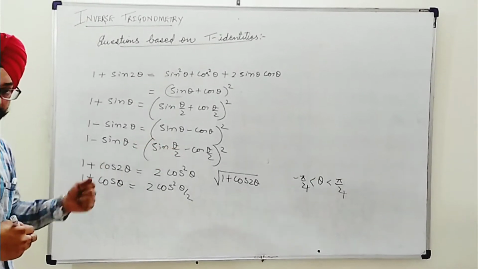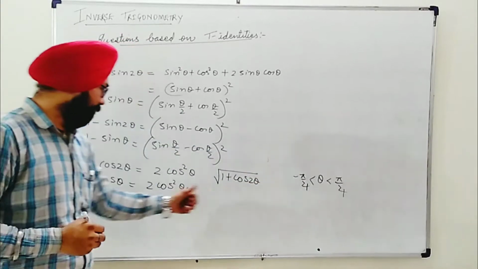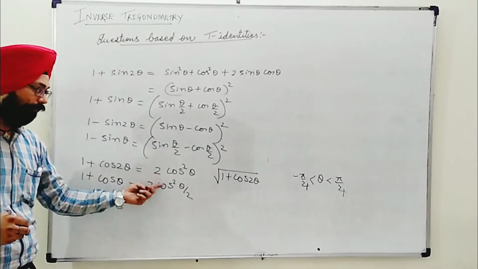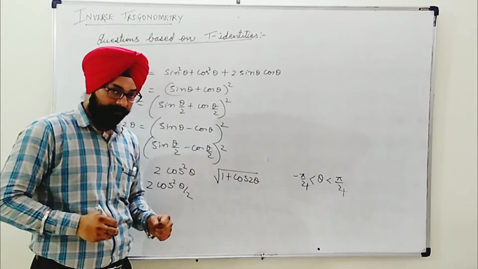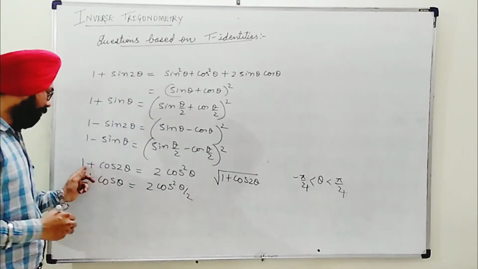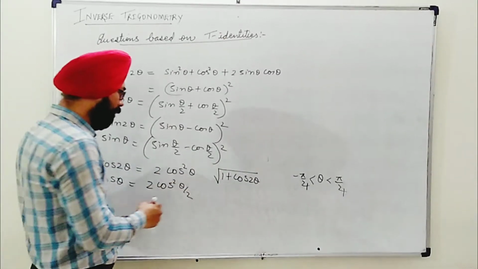Now let's see how to use this identity with the condition. These forms I have written in general, but we have to check this identity according to the condition. As I said, 1 plus cos 2 theta is equal to 2 cos square theta. We will put the value.